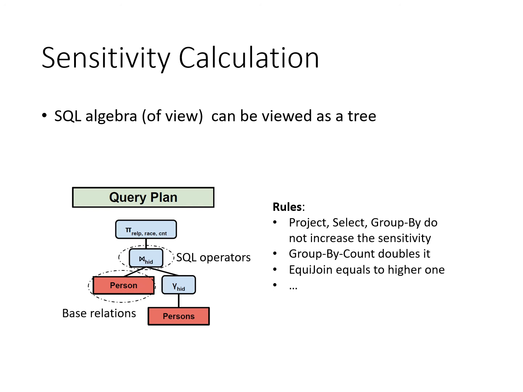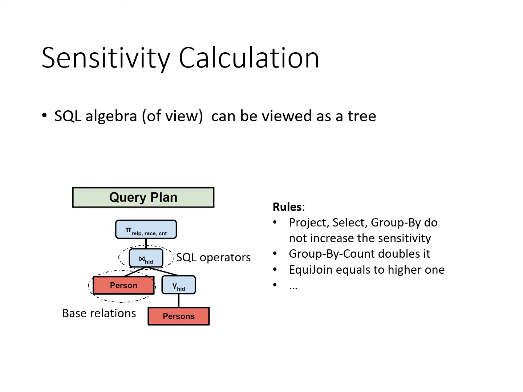Each view is essentially a SQL algebra expression of the base relations, and it can be viewed as a tree, where the leaf nodes are the base relations and the non-leaf nodes are the SQL operators.